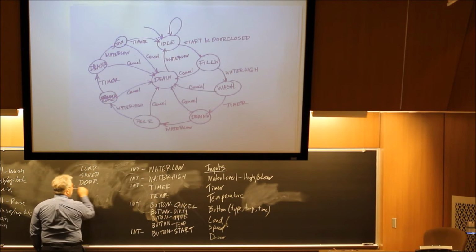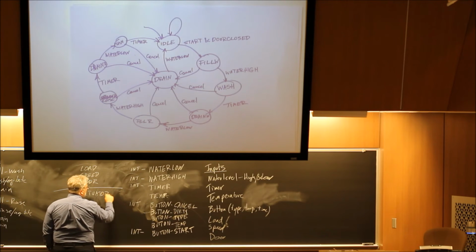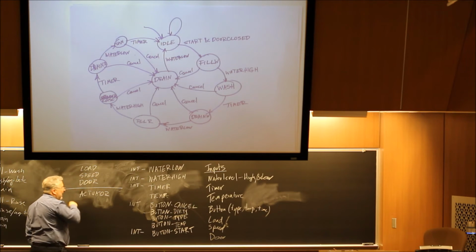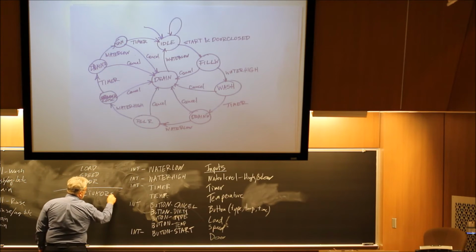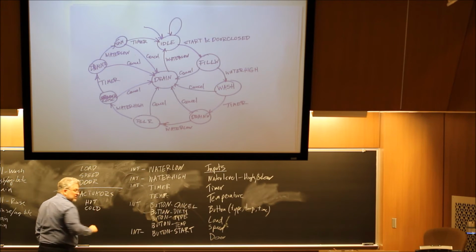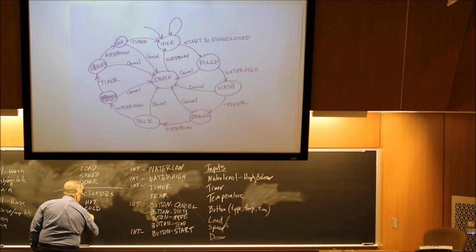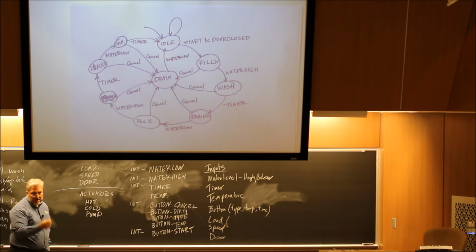Now let's look at our actuators. What are you going to control? The hot water input and the cold water input, on and off. The pump that will pump water out, that's for draining.